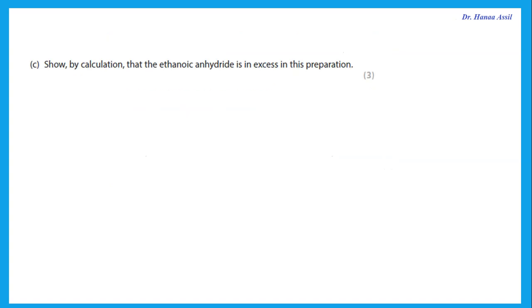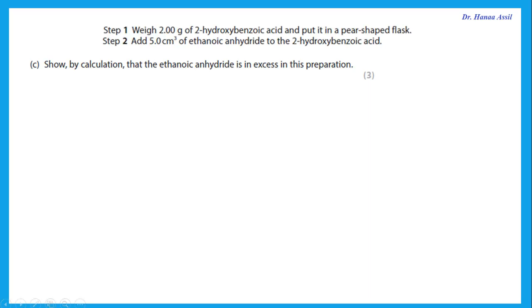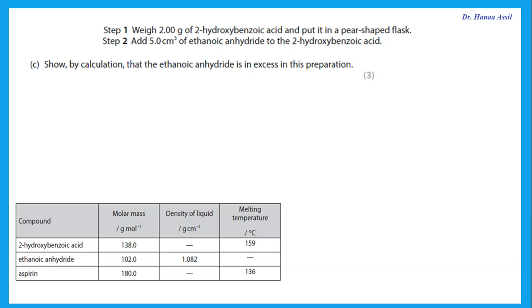Then the question says, show by calculation that the ethanoic anhydride is in excess in this preparation. So what do we have? We already know that we put 2 grams of 2-hydroxybenzoic acid, and then we added 5 centimeter cubed of ethanoic anhydride, and we are given information in the table that will allow us to get the number of moles of each.